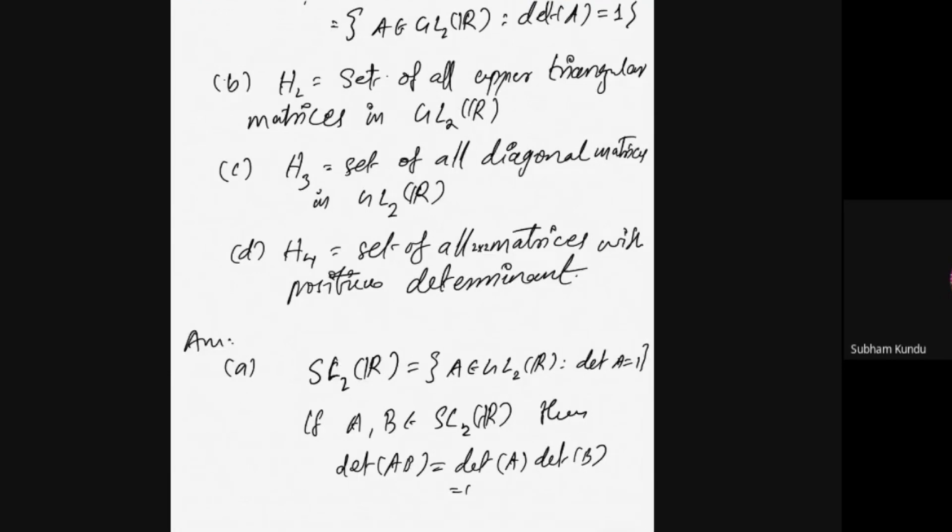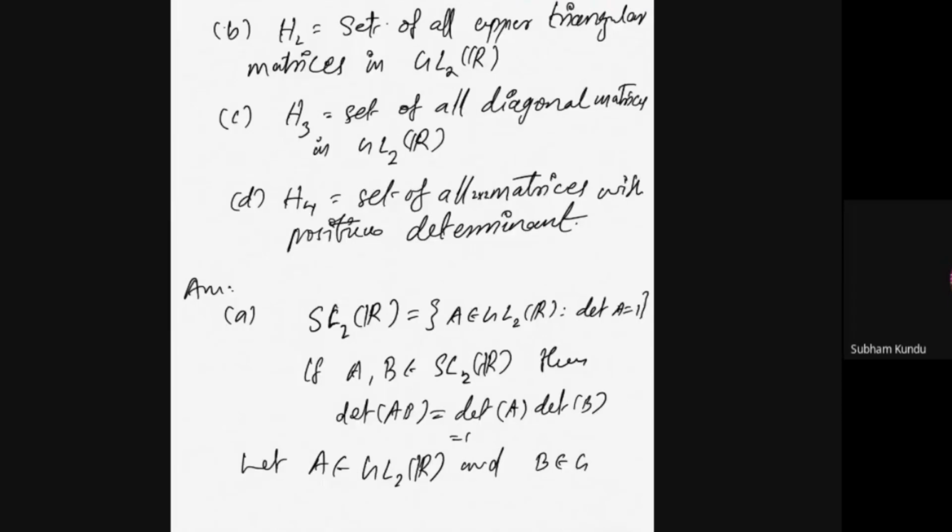The question is whether it's a normal subgroup. So you take some A belonging to GL2R and B belonging to SL2R, and ask whether A inverse B A belongs to SL2R. That is, whether this has determinant 1 or not.